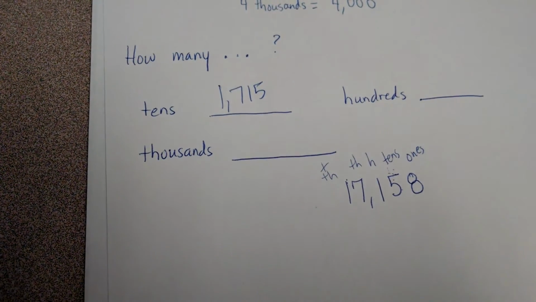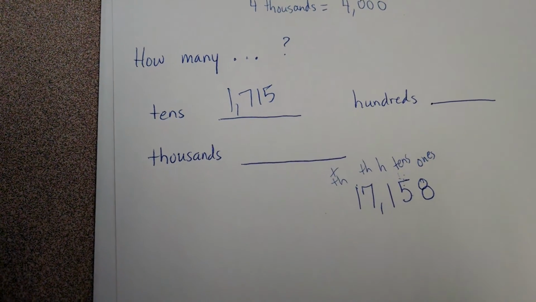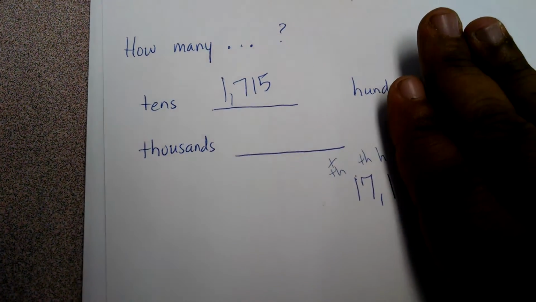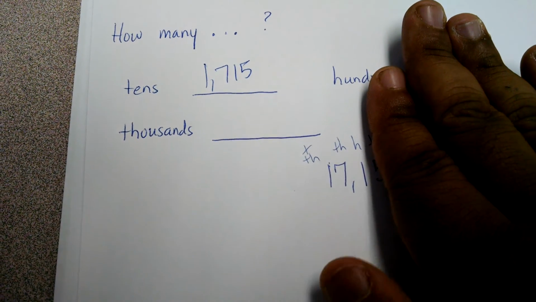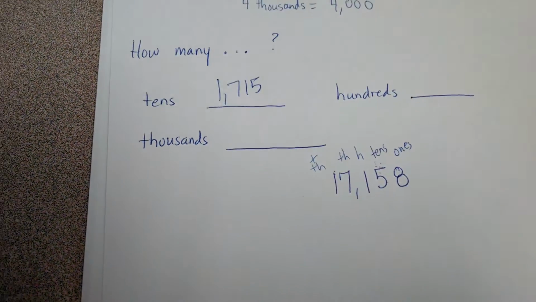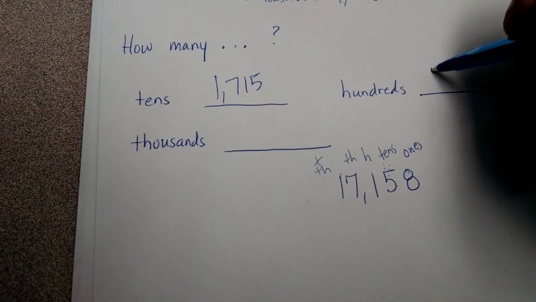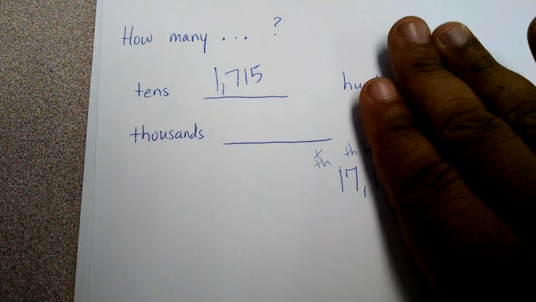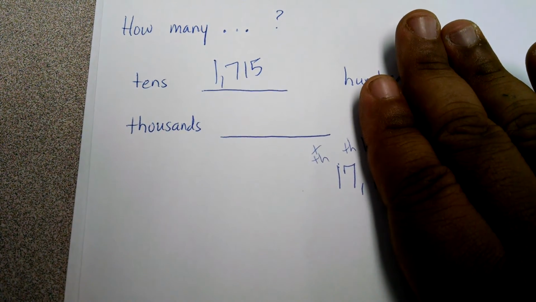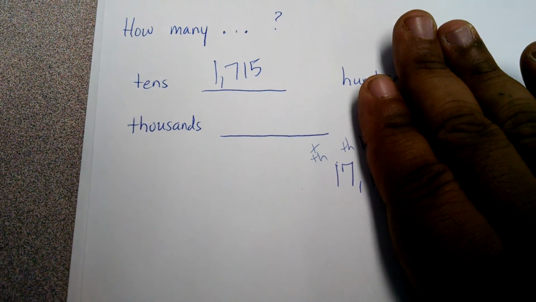That's how many tens make up that number. If I want to know how many hundreds, I would cover up the ones and the tens place, and I would see there's 171 hundreds. And in thousands, I would cover up to the thousands place, and I notice that there's 17 thousands.